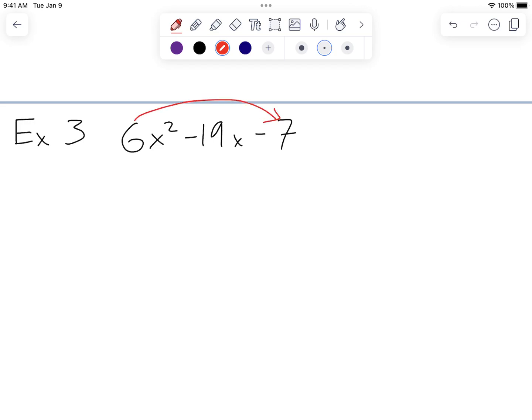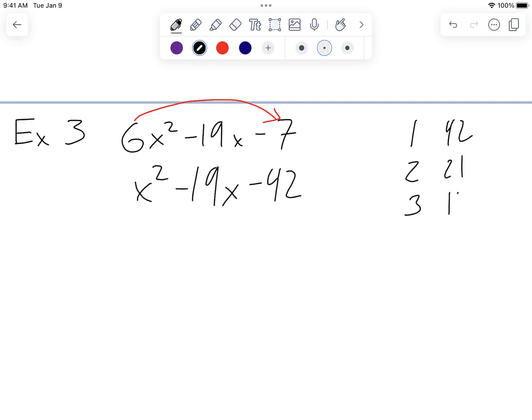Multiply the 6 to the 7, and that is going to make x squared minus 19x minus 42. Our factor pairs for 42 are 1 and 42, 2 and 21, 3 and 14, and then 6 and 7. So those are all the numbers that multiply to the 42.